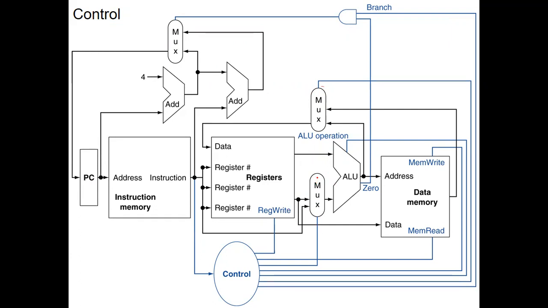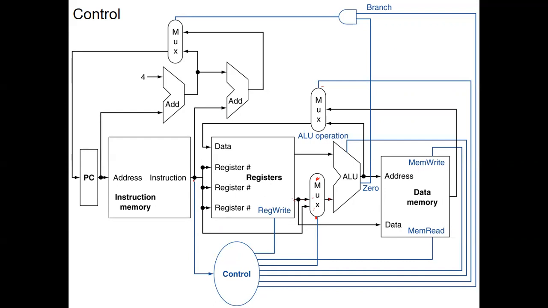So this multiplexer tells you that the second operand that goes to the ALU is either going to be an operand coming from the register file, or it's going to be the immediate value coming from the instruction itself. This multiplexer must have a control to choose between those two lines. There will be a control unit.